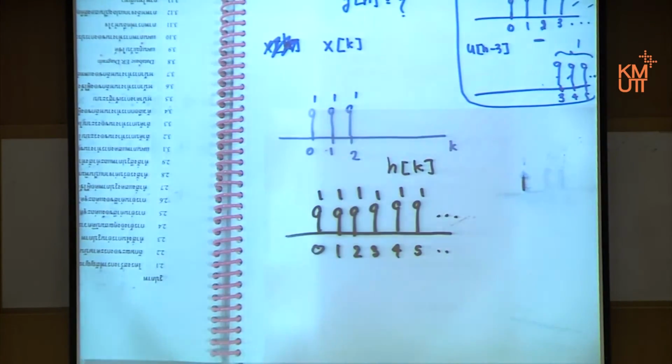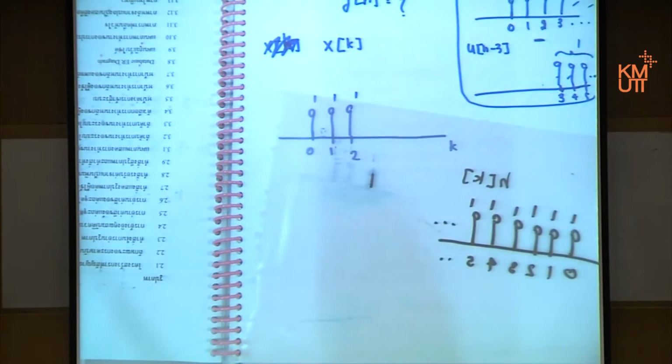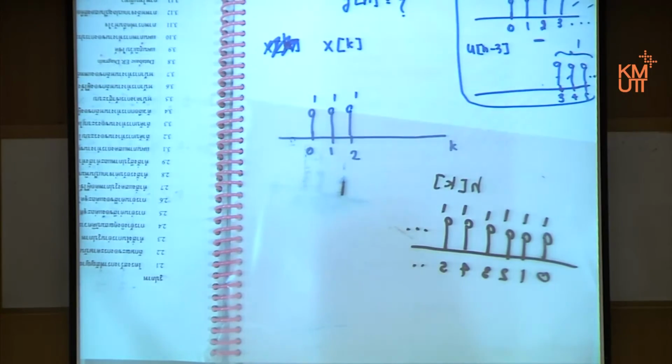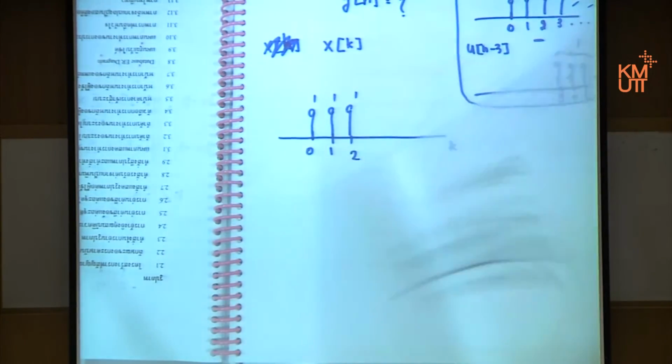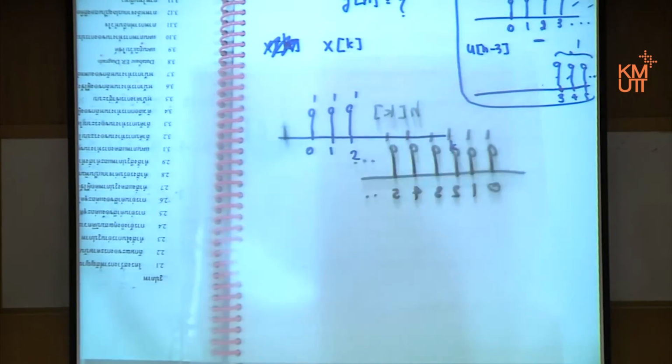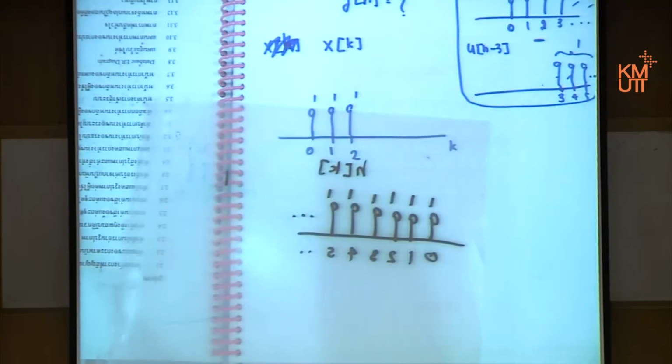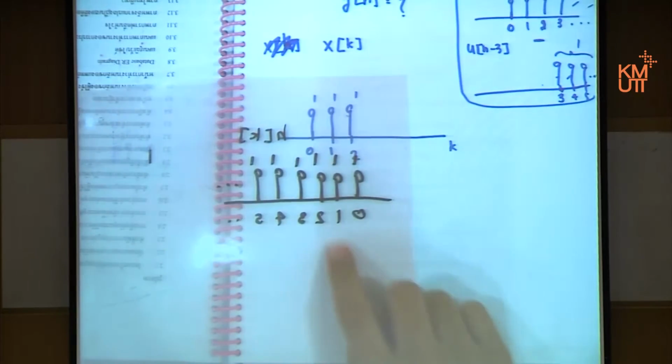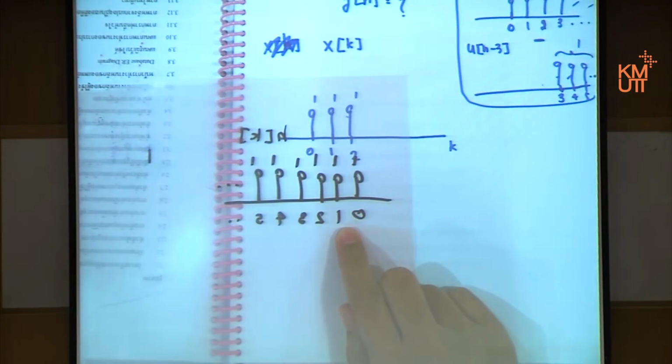You need to flip h[k] to h[-k]. So flip it. So 1 will be changed to -1, 2 change to -2, -3 and so on.